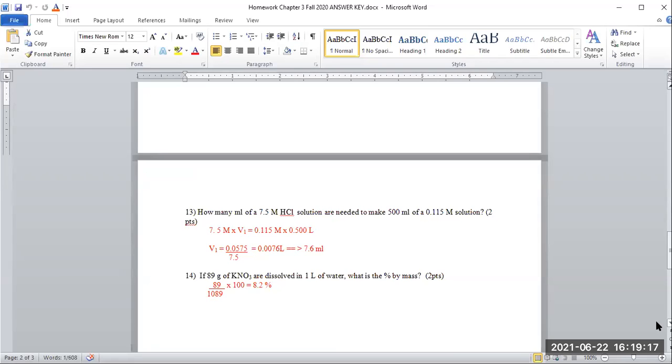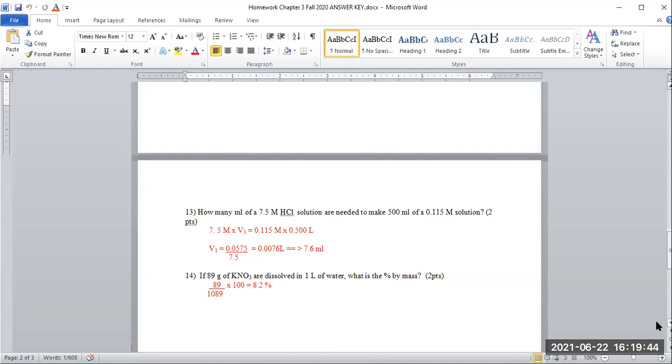So your concentrated hydrochloric was 7.5 molar. You want it much less concentrated, 0.115, but you want to make a half a liter of it. So I put in all my numbers. I got an answer in liters, and then I moved my decimal by multiplying by 1,000 to get milliliters.